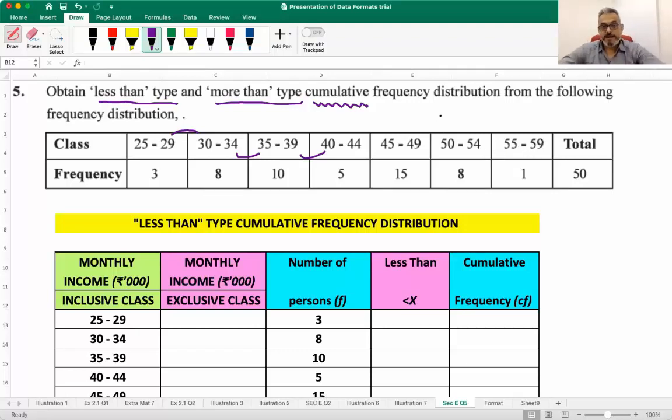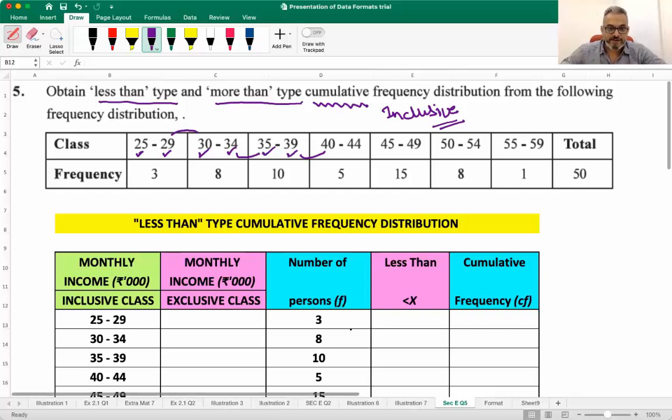First of all, my dear students, please tell me this is what type of frequency distribution? Inclusive frequency distribution. Inclusive frequency distribution यानी क्या? When we do the tally mark, 25 भी लेंगे, 29 भी लेंगे, 30 भी लेंगे, 34 भी लेंगे, 35 भी, 39 भी.